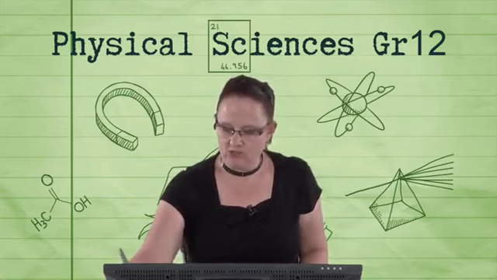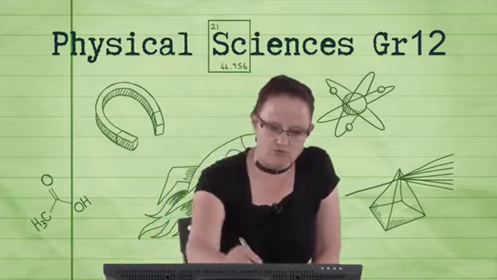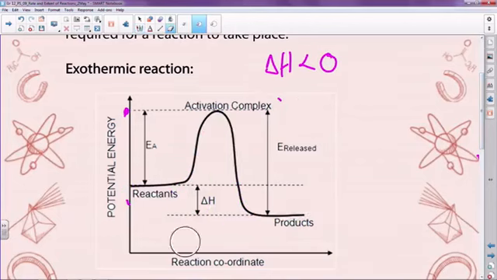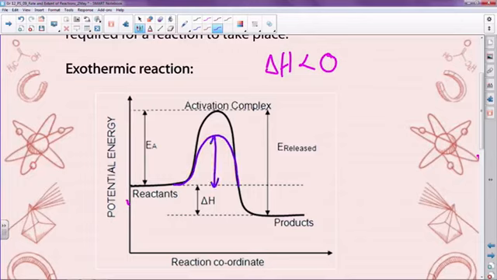So if we go back to the graphs that I've drawn so beautifully, if I now add a catalyst, okay, what happens is the only thing that changes is that. So now my activation energy gets smaller.